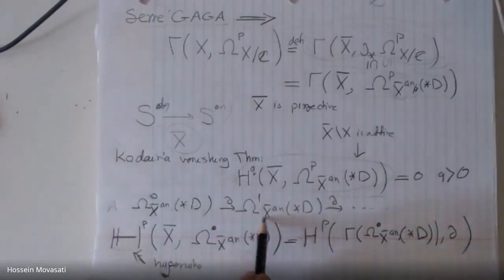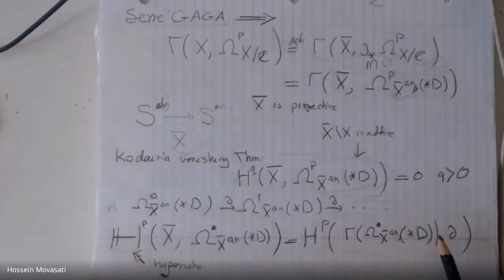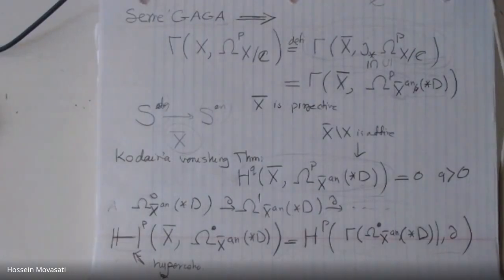So the hypercohomology turns out to be again like classical de Rham cohomology, some exact closed global meromorphic forms divided by exact global meromorphic forms.